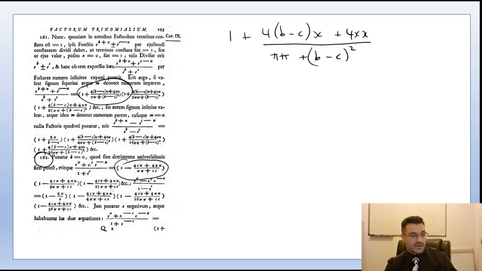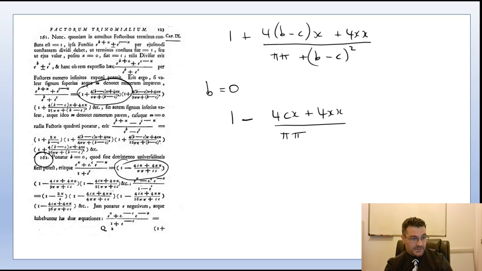I'm not going to go through how that's derived. Once you've got your head around the stuff that I've done earlier in the video, this is fairly straightforward, to be honest with you. Although it's messy, it's elementary, it's straightforward. So what he does is he sets b equal to 0. And what he ends up with is this expression: 1 minus 4cx plus 4xx over pi plus cc.